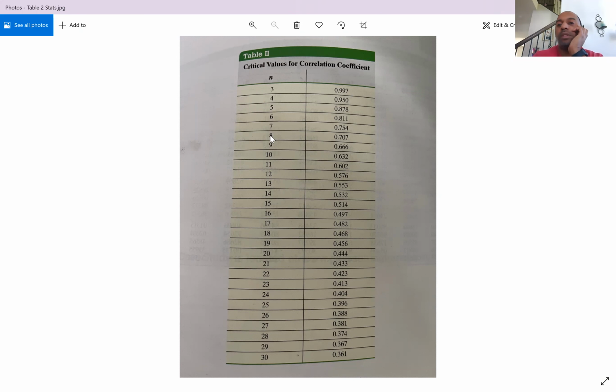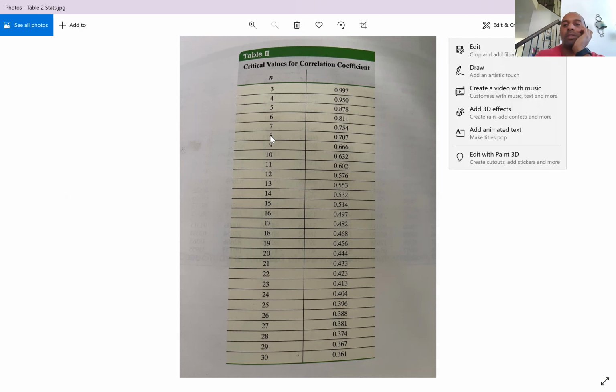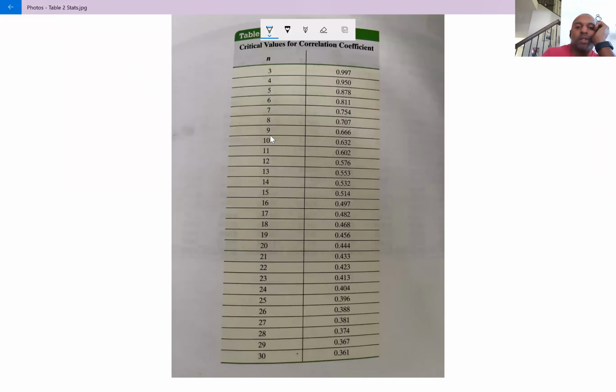All right, so n is equal to 8 right here. And then you see our critical value is 0.707. If I had 20 observations, go to 20, and then it'd be 0.444. All right, questions on how to read the chart?